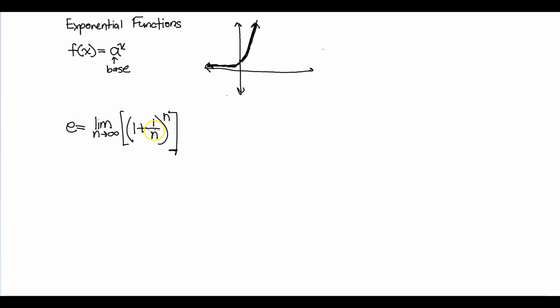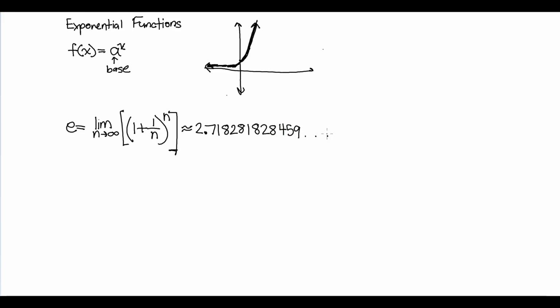As n becomes larger and larger, tends towards infinity, the expression in the brackets will tend closer and closer to this special constant e. It's a fixed constant, approximately 2.7182818284845, and so on.